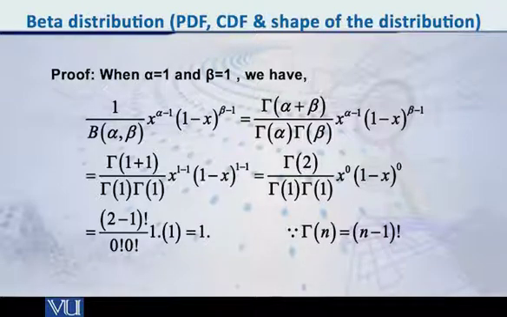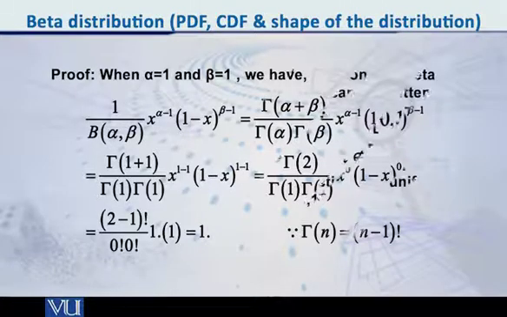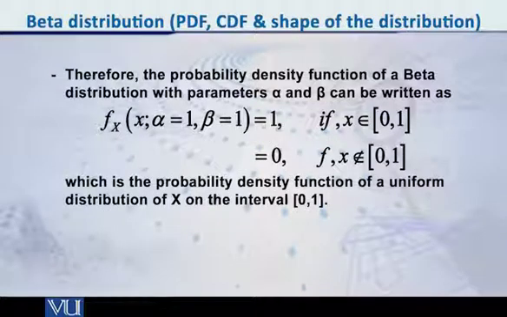So both those terms are simply equal to 1. And gamma 2 itself is 1 factorial, and that is equal to 1. And gamma 1 is 0 factorial. So in the denominator, 0 factorial into 0 factorial. But my dear students, as you know, 0 factorial itself is 1. So therefore, that whole thing is equal to 1.